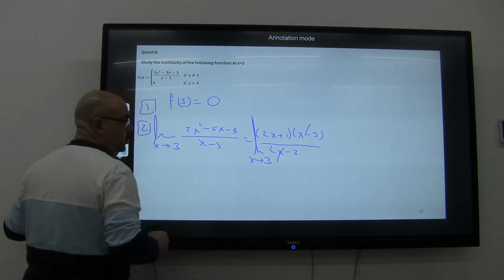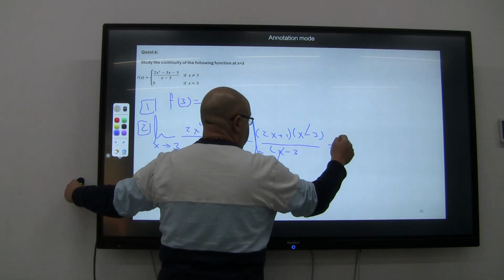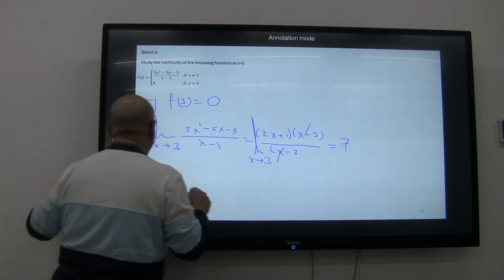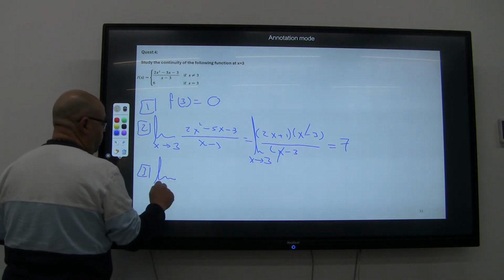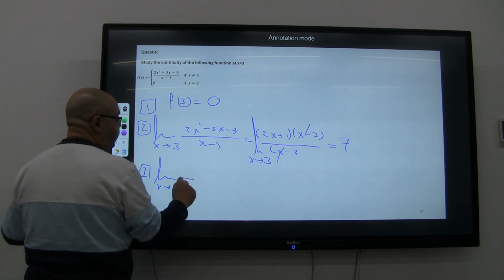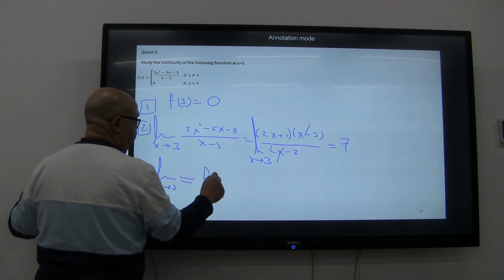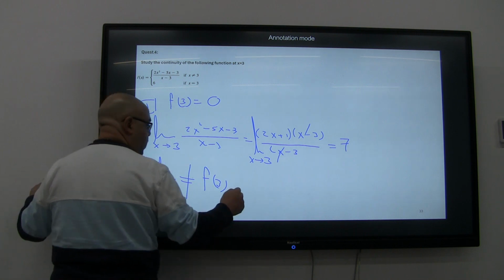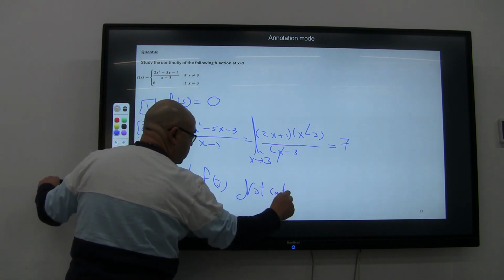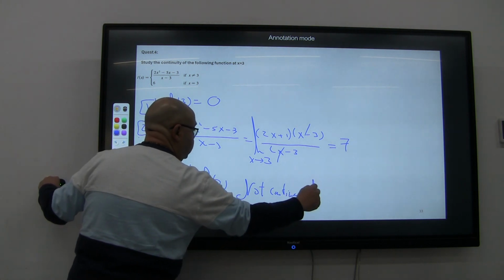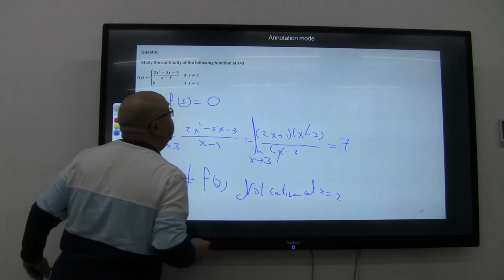The x minus 3 will be cancelled together. You will have 7. Number 3, you will try to check if the limit of x tends to 3 is equal to the definition of the function at 3, which is not correct, so this function is not continuous at x equal to 3.